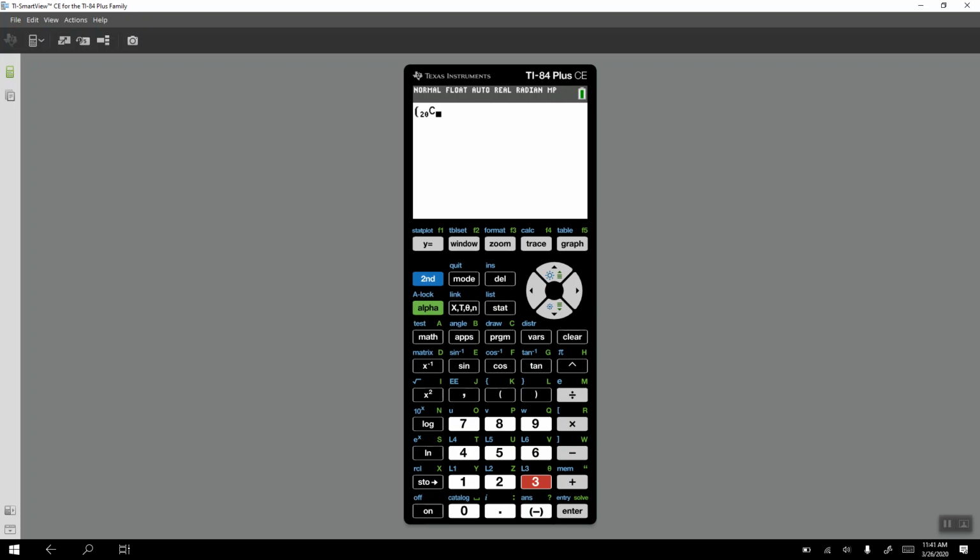Now look at this, it automatically gives me the input that I need. So this is 20 choose 3. Now notice the little right arrow is still on that subscript of C. I need to get it out of there, so I'm going to tab on the right arrow. There we go. Now I'm going to close that parenthesis. Perfect.